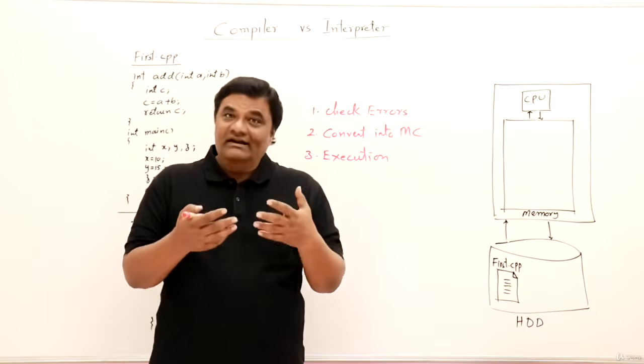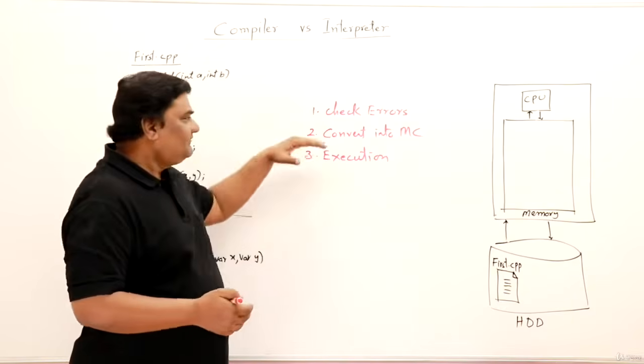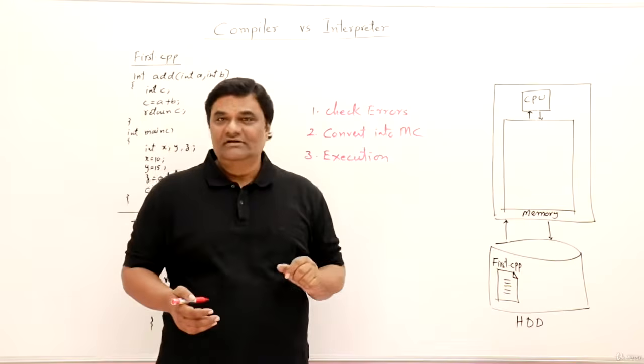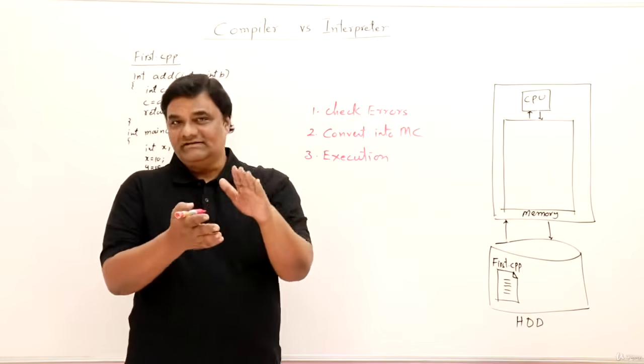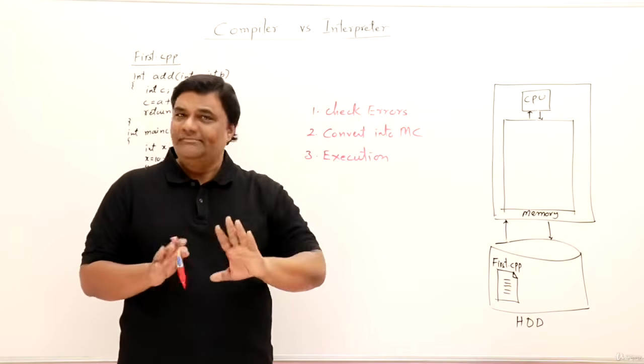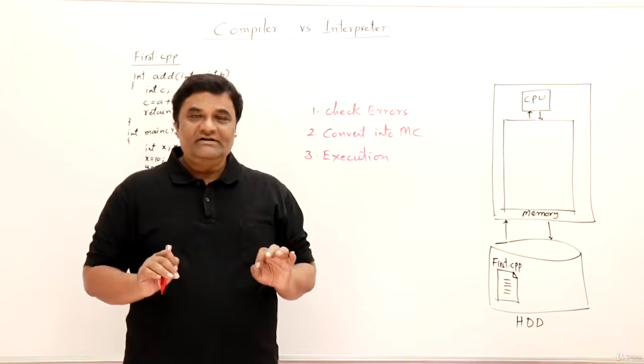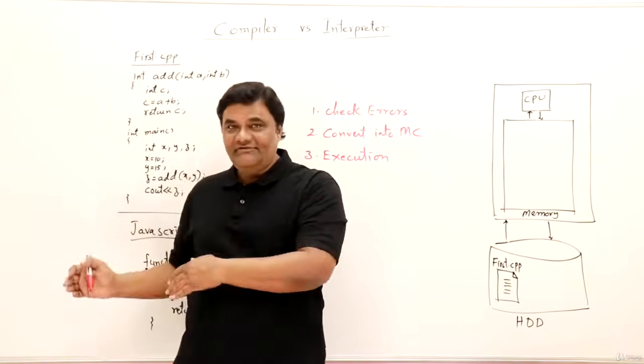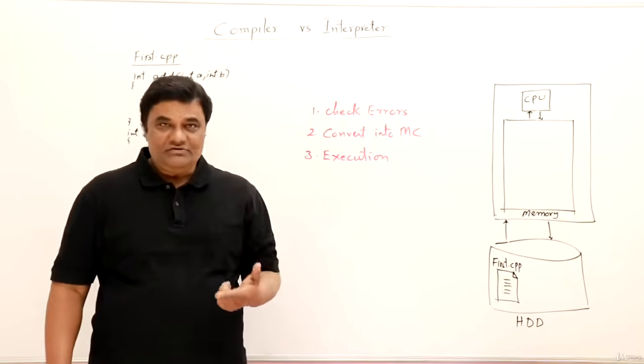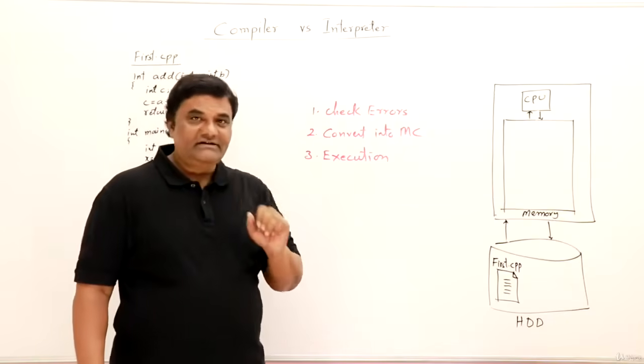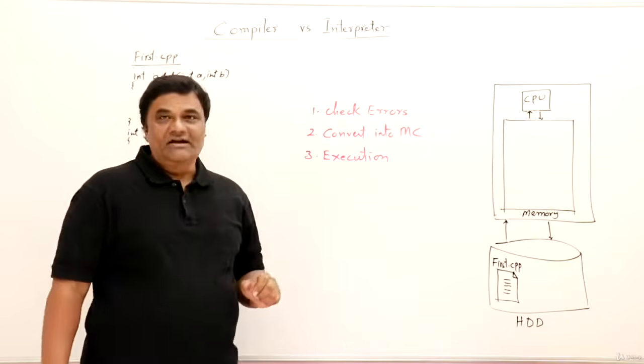And if there are no errors, then it will convert it into machine code. So majorly there are two tasks of a compiler or interpreter, and they both do this: check for errors, and if the source code is error free, generate machine code. Then the third thing, execution of a program.